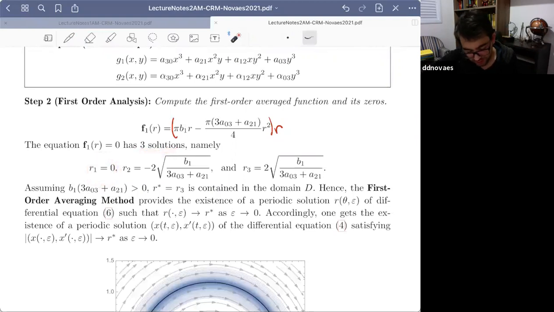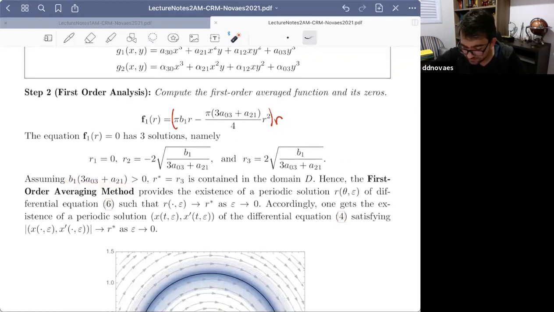Again, the zero solution, a solution that in the best situation can be negative, and a third solution that can be positive if you assume constraints on the parameter of perturbations. If you assume that this is positive, then R3 is contained in the domain that is well related with the original differential equation that we're interested in.